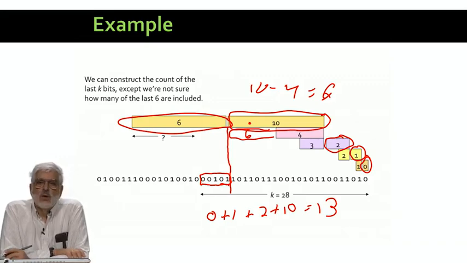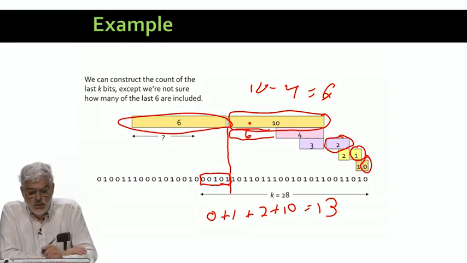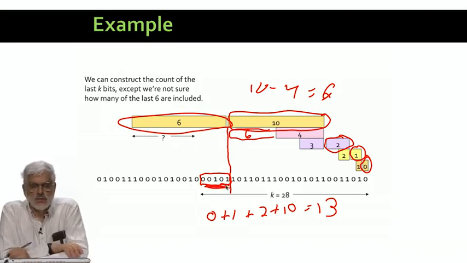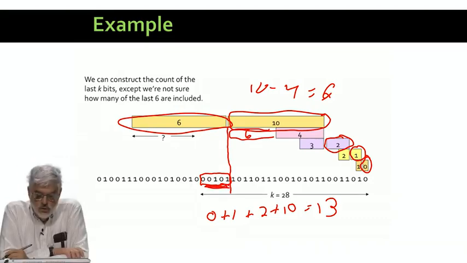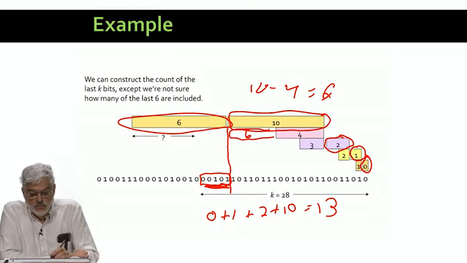But we can't tell how many of those 6 are in the most recent 5 positions. Again, we don't ever get to see this anymore. Now, if we could see them, of course, we would know there were 2 and that the right answer is 15. But we need to estimate, without seeing, how many 1s there are in this region.